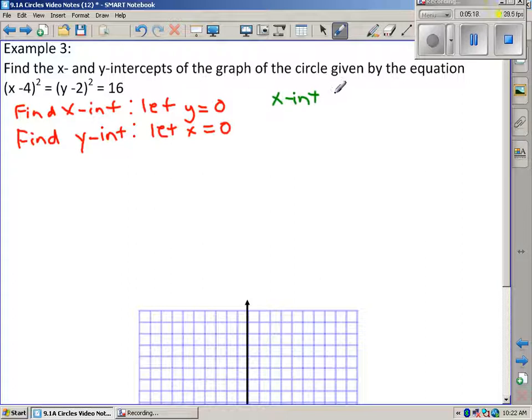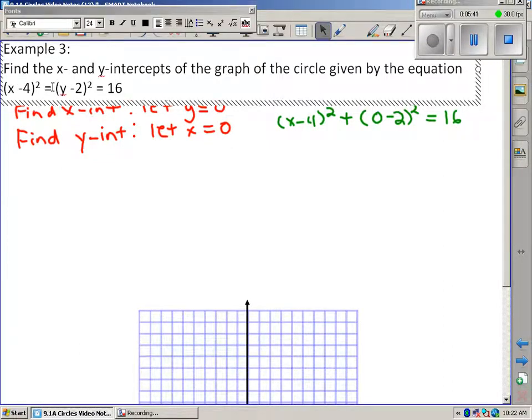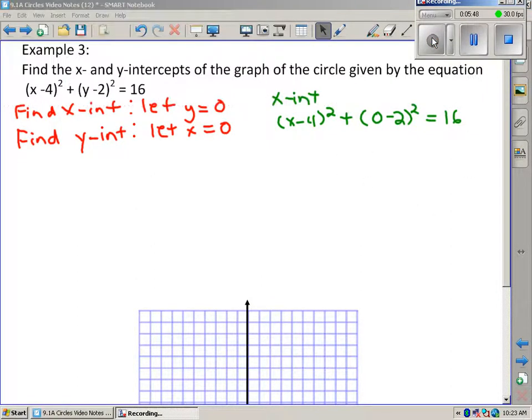So we're going to have x minus 4 quantity squared plus 0 minus 2 quantity squared equals 16. And just for a second, I'm going to go right up here and change this guy to a plus. So just notice in my original equation here, I just changed this to a plus sign. It was an equal sign.